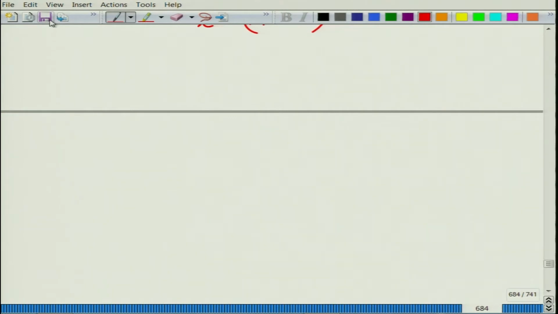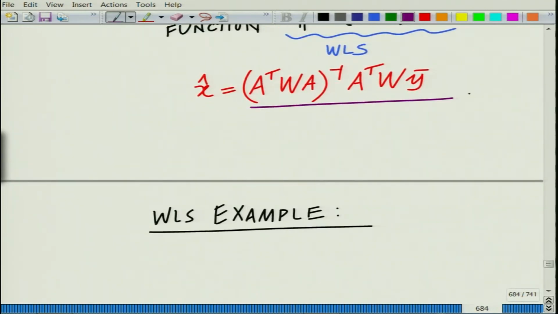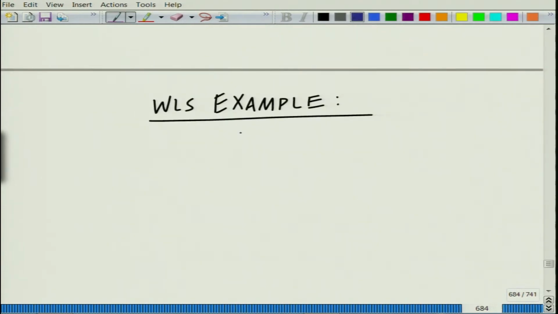Let us look at an example for this. Let us look at a simple example and try to understand this better. This is our WLS estimate. Let us now look at a simple example. Consider n equal to 1.